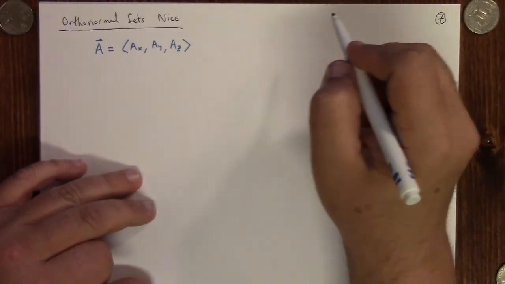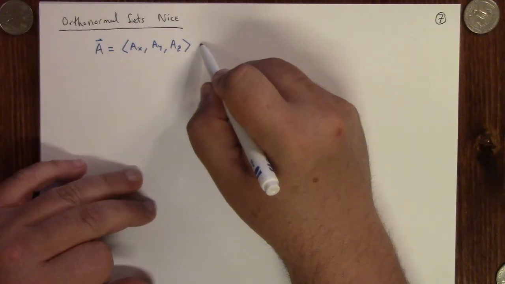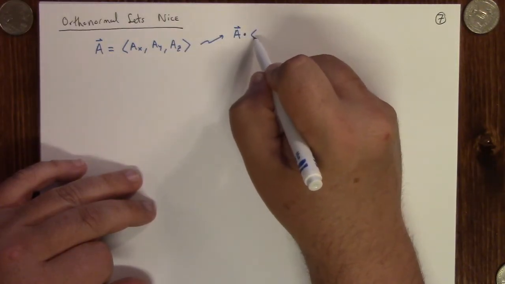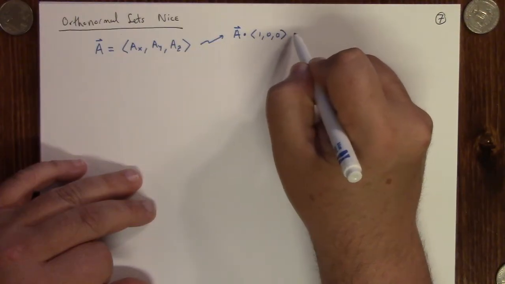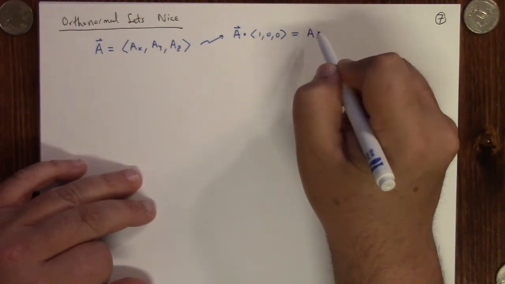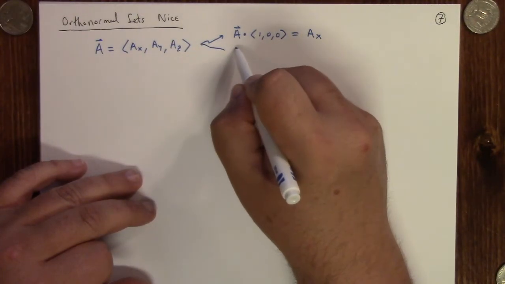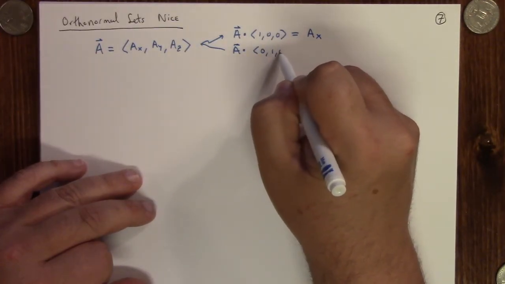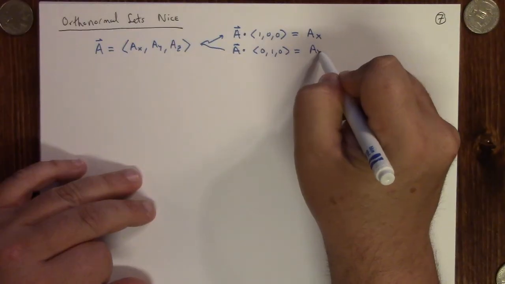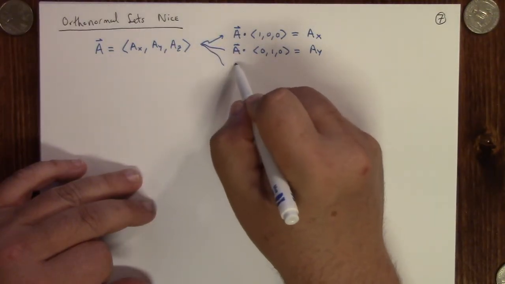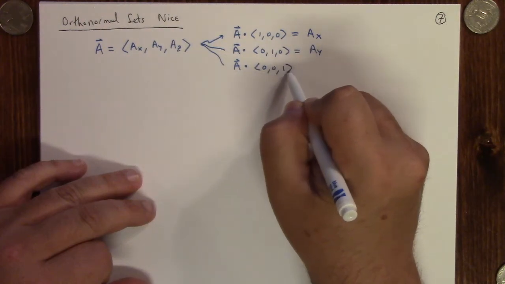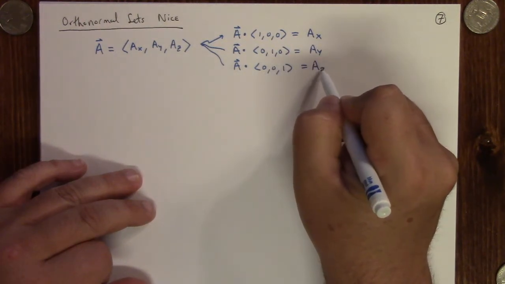You can easily check that A dot (1, 0, 0) is AX. Likewise, A dot (0, 1, 0) is AY. A dot (0, 0, 1) is AZ.